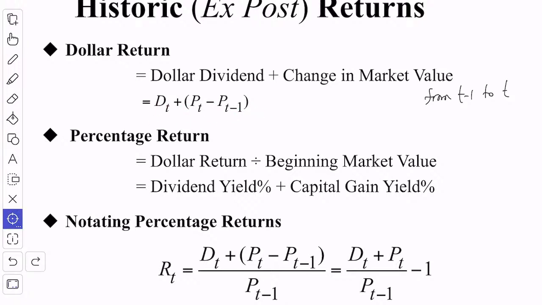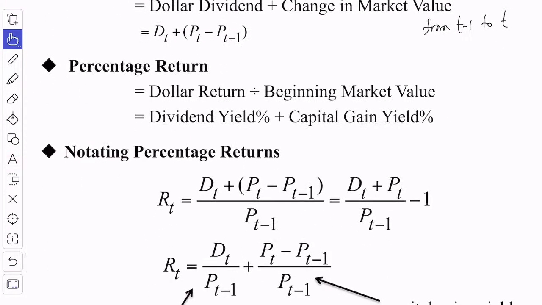And what we do is we make it relative to the original price. And that gives us a percentage return. Okay, so we take the dollar return and we divide by the beginning market value. So that gives us the dollar return divided by the original market value.